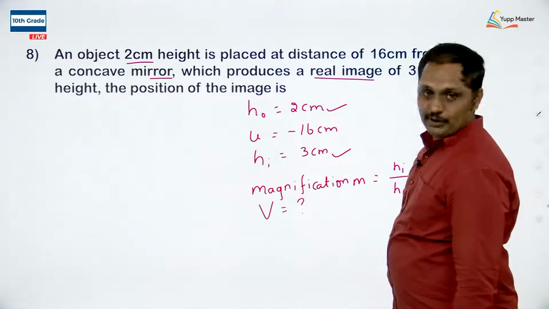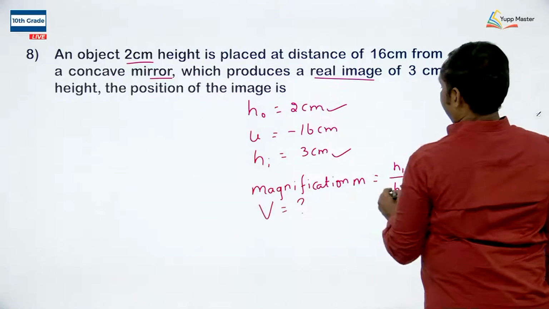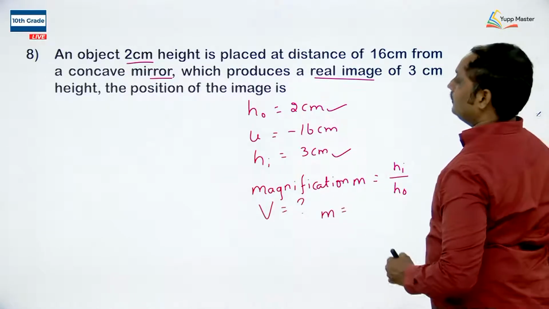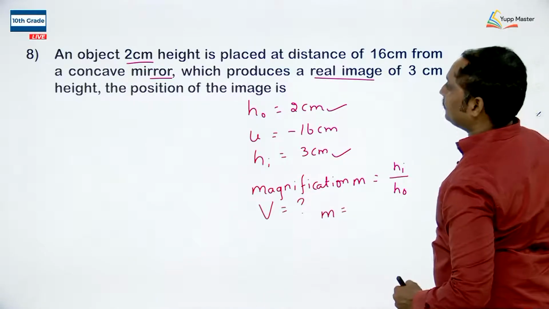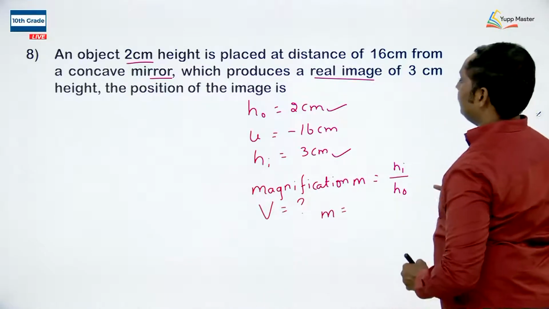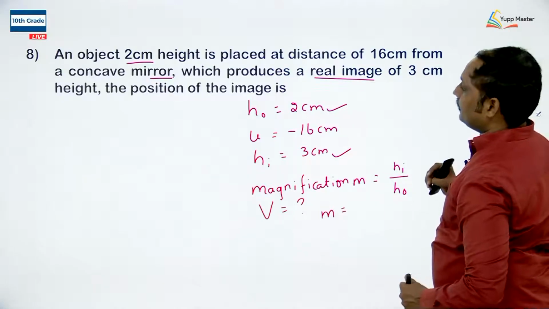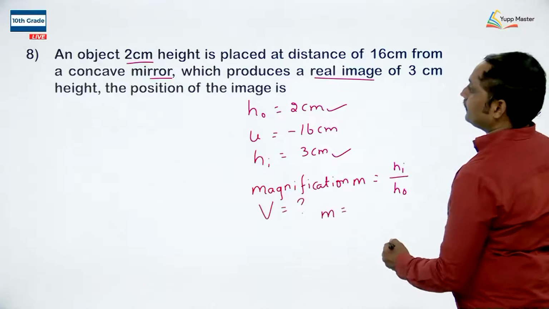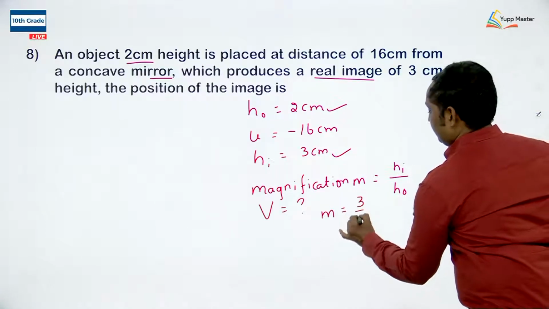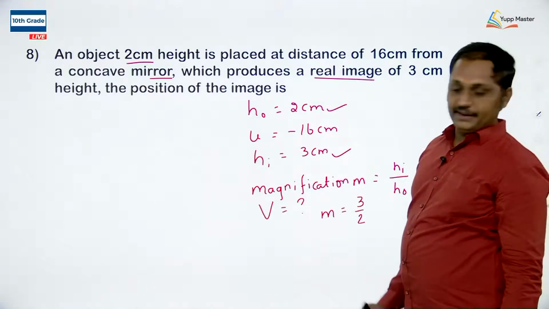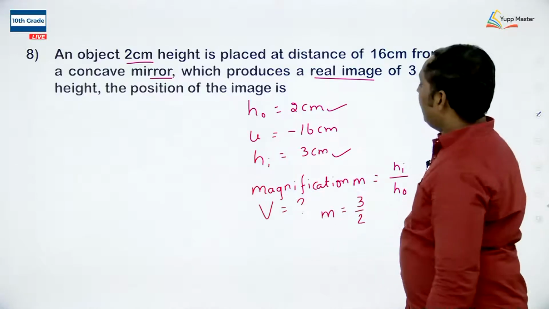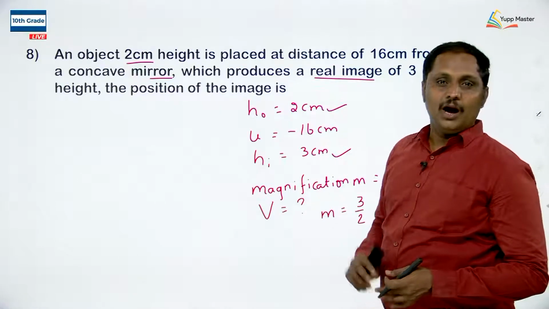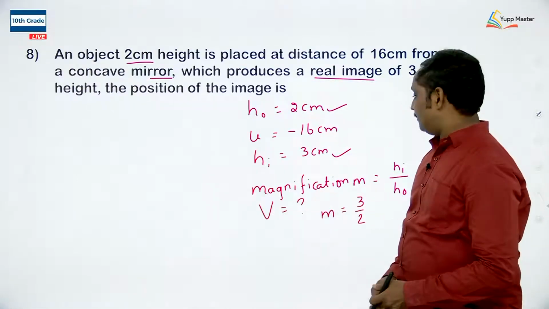What are the related formulas? If you know that m is going to be identified, that is, the height of the image, 3 centimeter, by 2, you can take m is equal to 3 by 2. And if you know the m value, how will you find the v value?